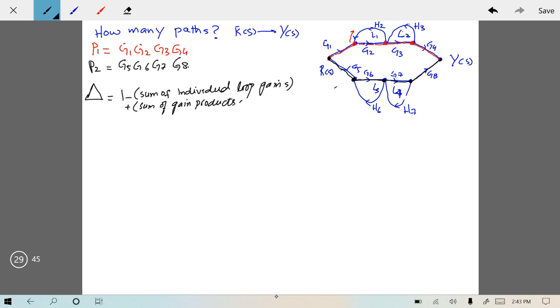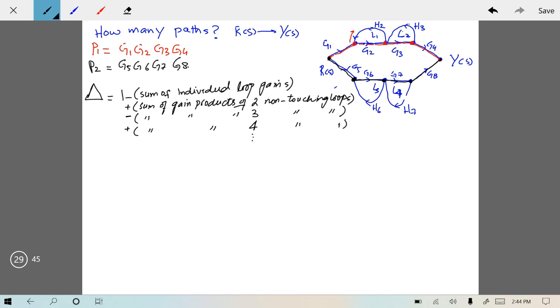Gain products of two non-touching loops, minus sum of gain products of three non-touching loops, plus sum of gain products of four non-touching loops, and this goes on until there are no non-touching loops.